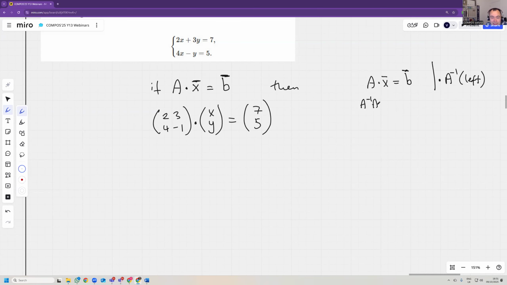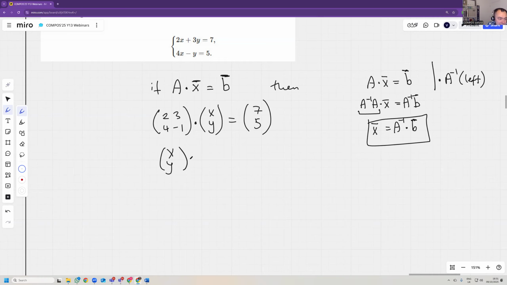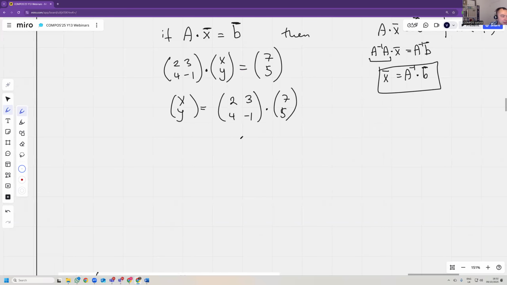So A minus 1 A multiplied by x equals A minus 1 b. And then this is the identity matrix, so it's simply x is the inverse matrix multiplied by vector b. So to find x and y, we simply need to multiply the inverse of this matrix by 7, 5. So let's find the inverse using Gauss-Jordan method.